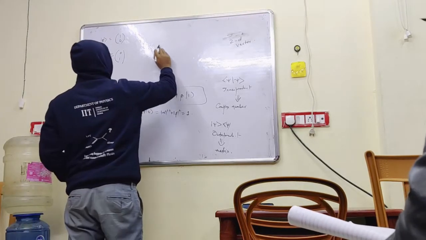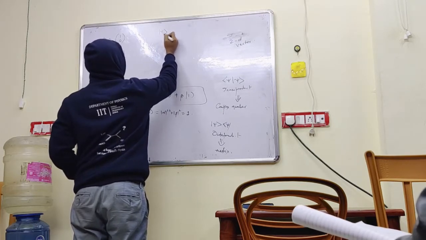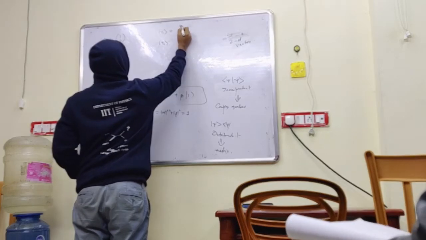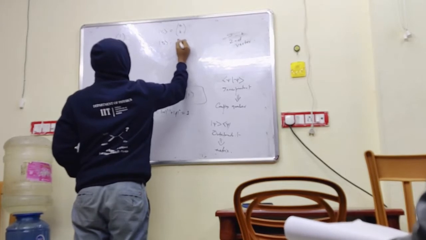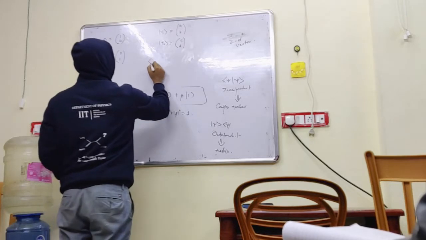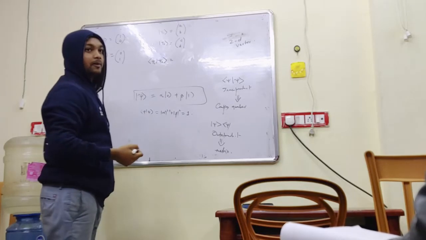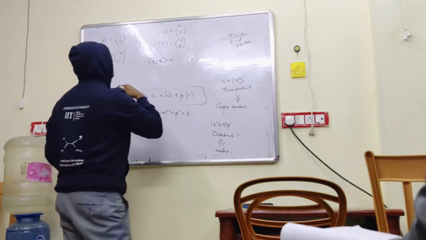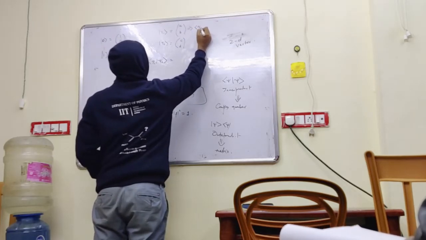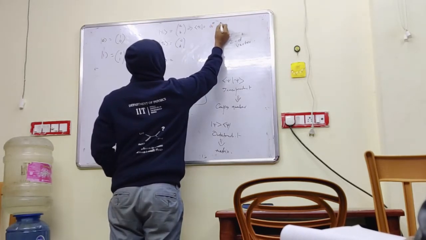So, the general rule is, if I have two states, let's say psi 1 and psi 2, where psi 1 is my (A, B) and psi 2 is my (C, D), and I have to compute psi 1, psi 2, then psi 1 bra would be A star, B star.